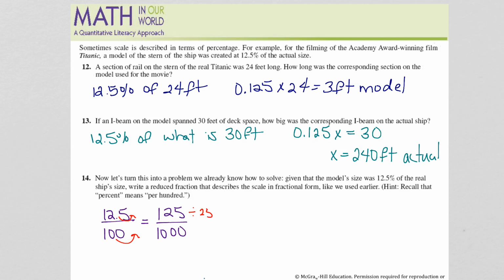So divide the top by 25, divide the bottom by 25, because we know that 25 will go into both. And we get 5 over 40, but looks like we can get smaller. So divide the top by 5, divide the bottom by 5. And we have 1 in 8. So the scale from the model to the actual ship is 1 to 8.